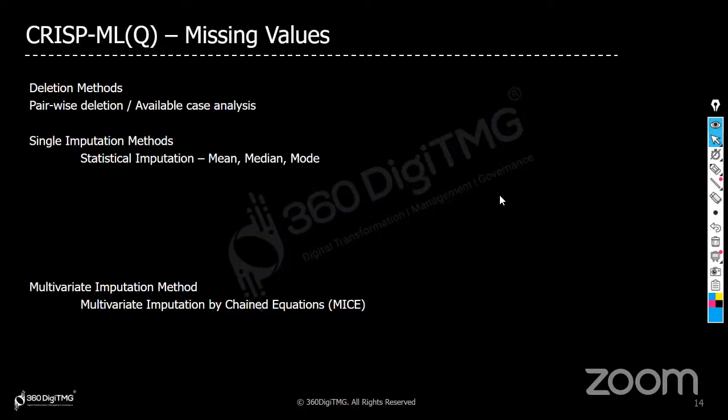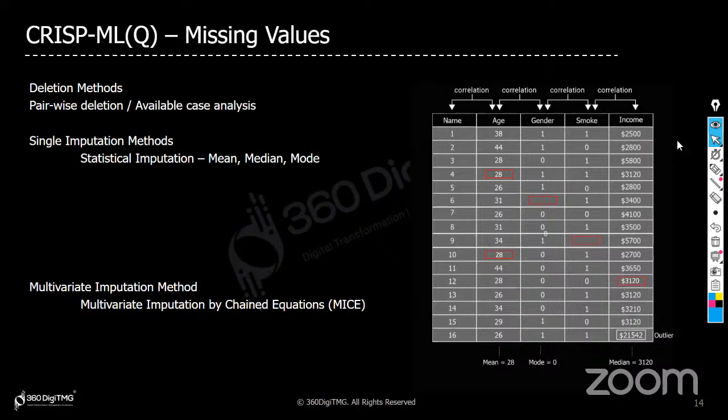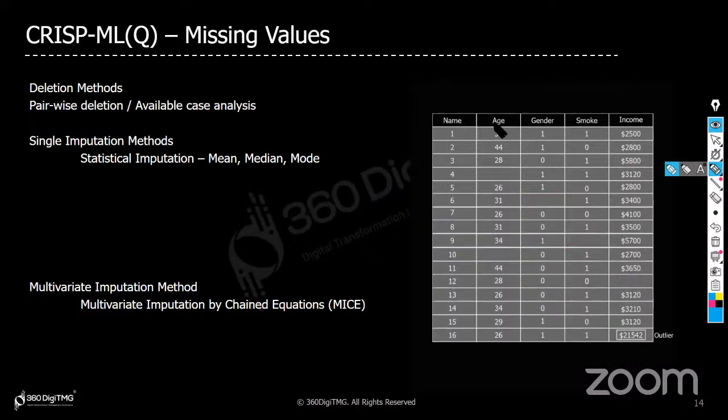Let's check the example. If you see in this data set, we are about to check the missing values in the age column. So in the age column, there are missing values present.